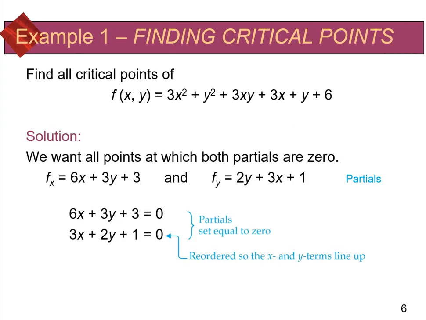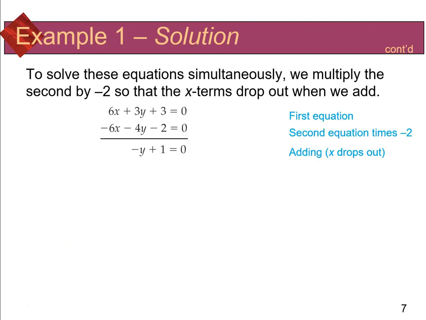So as you see, back to the original equation, what we actually did in this situation is I multiplied this bottom equation, the entire thing, both sides, by -2. And what that does is it gives me the equation on the bottom, -6x minus 4y minus 2 equals 0.